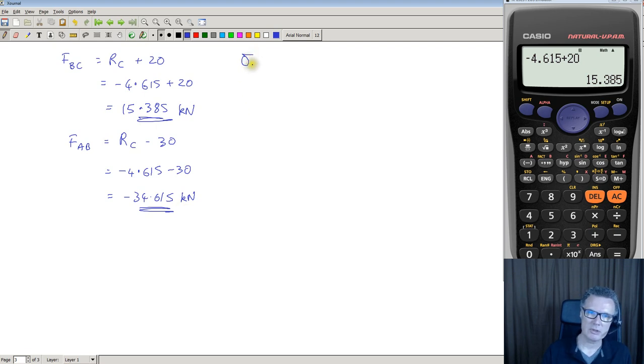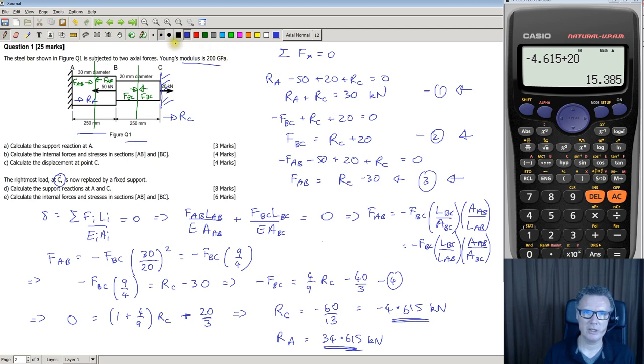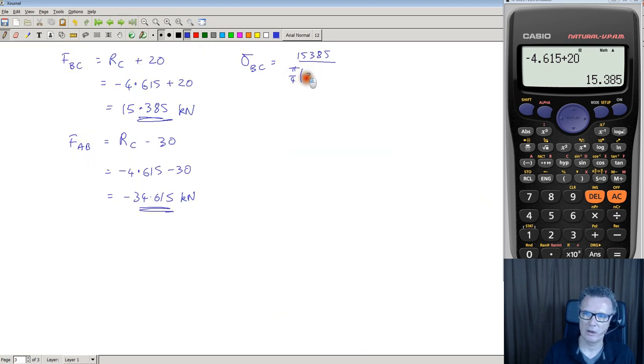So the stress for BC is going to be 15.385 divided by pi over 4. BC is 20 squared.